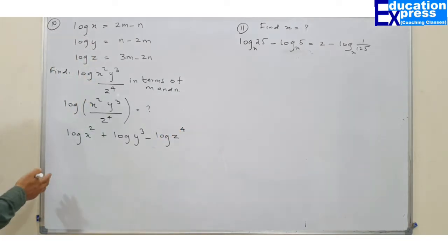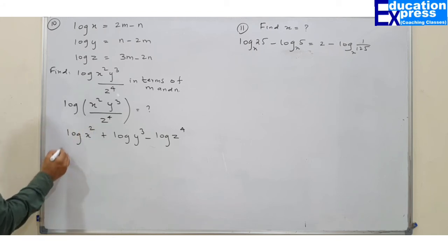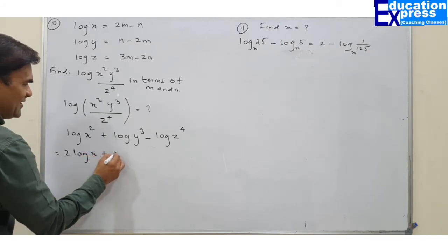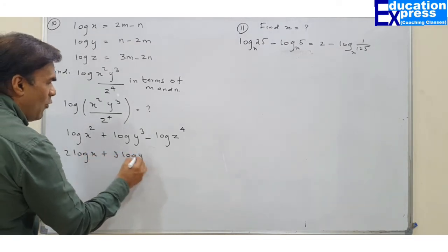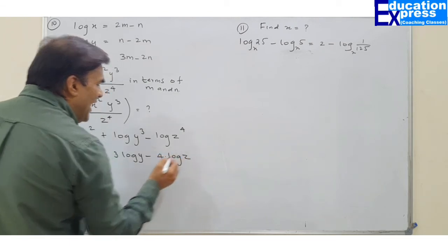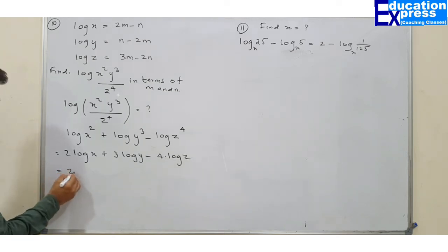How simple a question it is, you will be surprised. This can be written as 2 log x plus 3 log y minus 4 log z. Superb. Now we simply have to substitute the values.